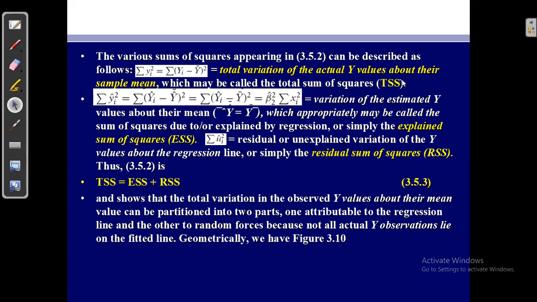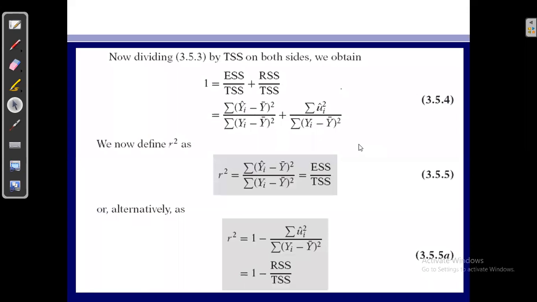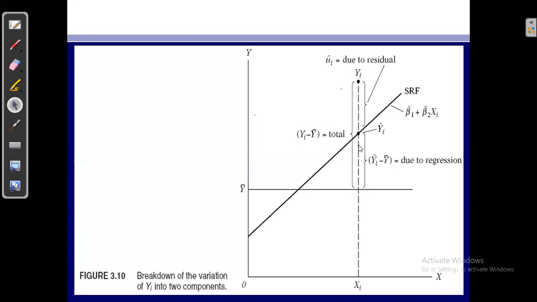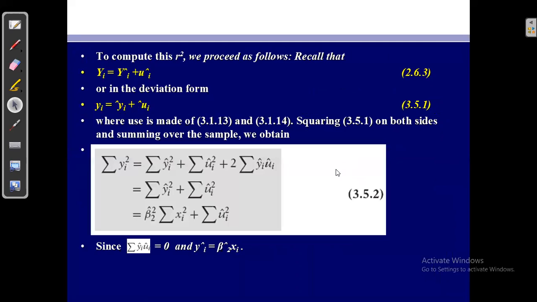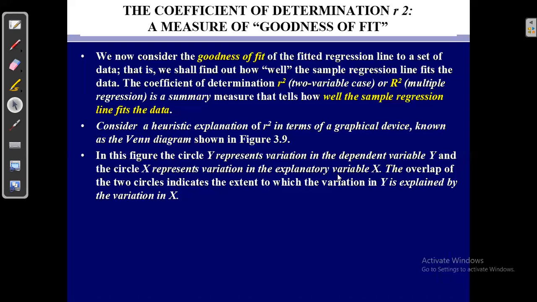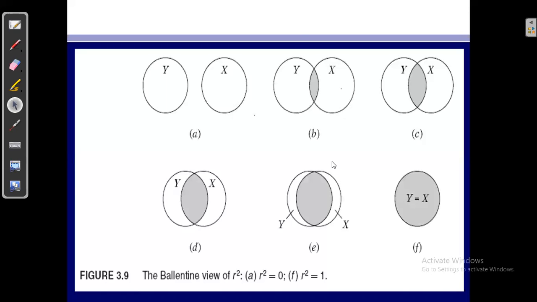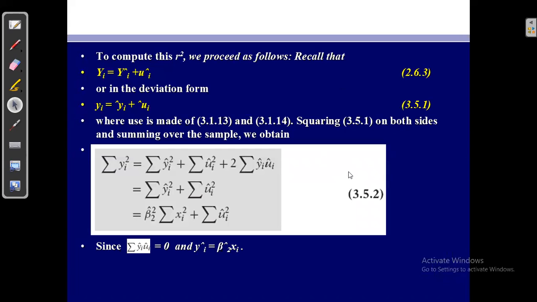And then we can split this TSS into two parts. Mathematically, we can show that this TSS can be divided into two parts.